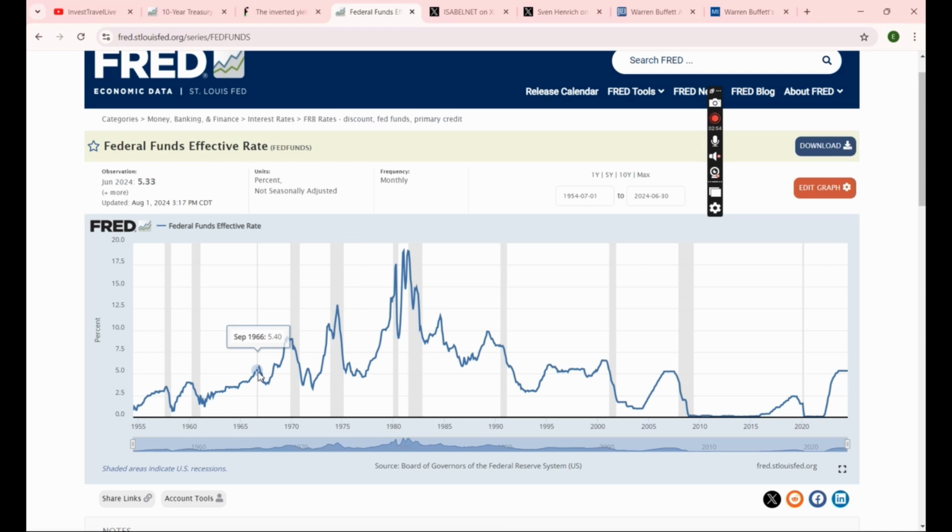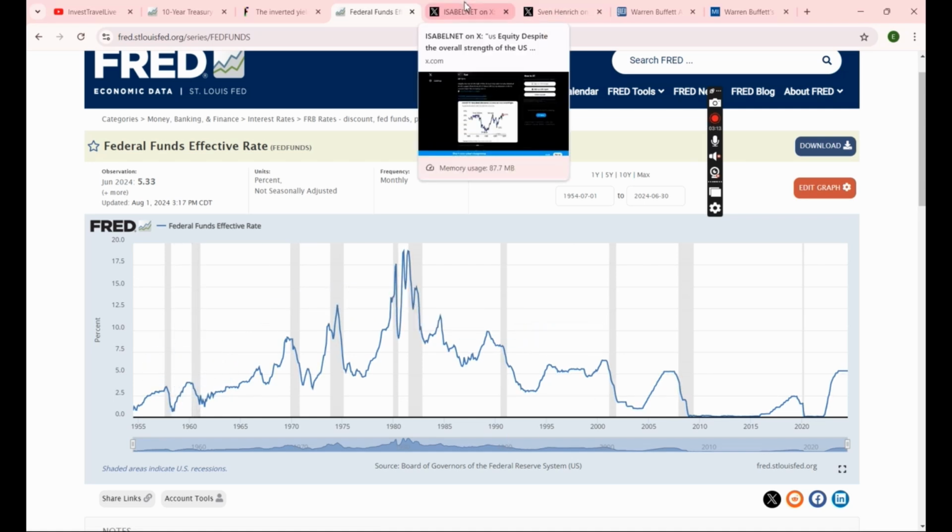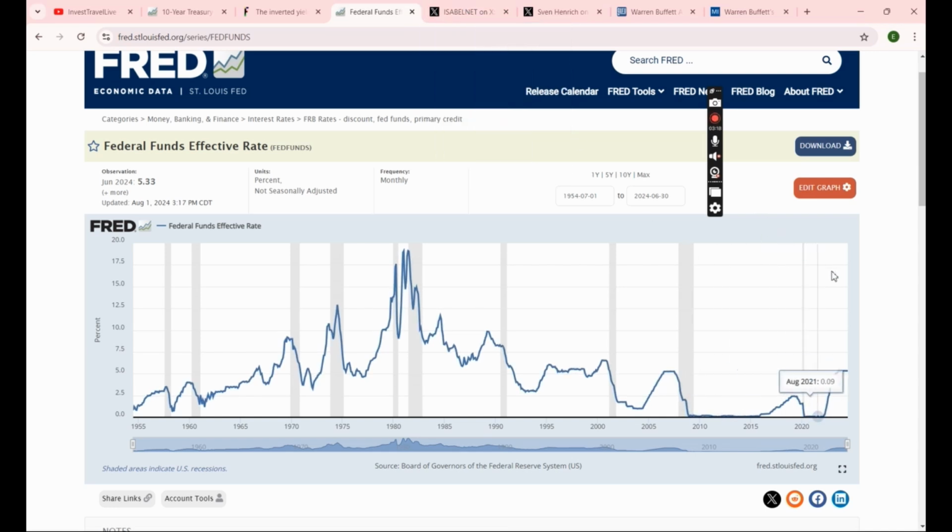Again, in 1966, we had a fake out there as well, but a few years later, like 2 or 3 years, we had stocks crashing there as well. Okay, so that's just another chart that I like keeping an eye on. We know that there's a high probability of the Fed cutting the rates in September. So let's see how that plays out.